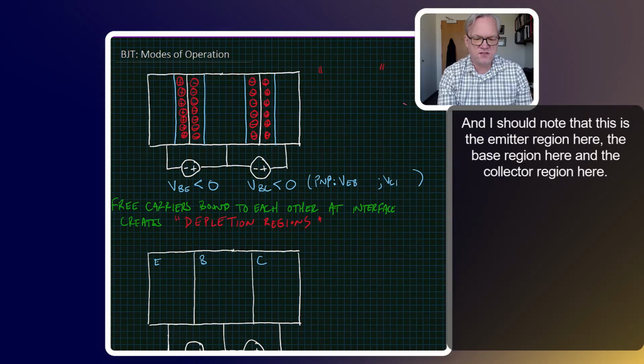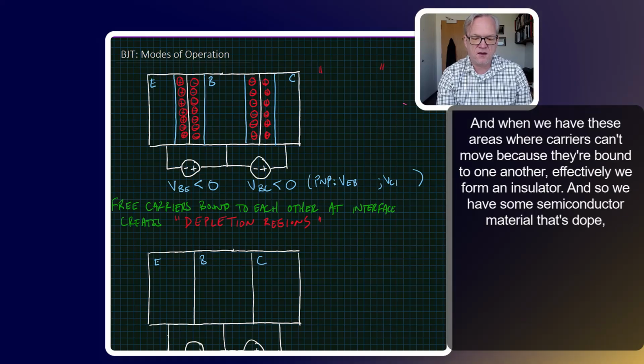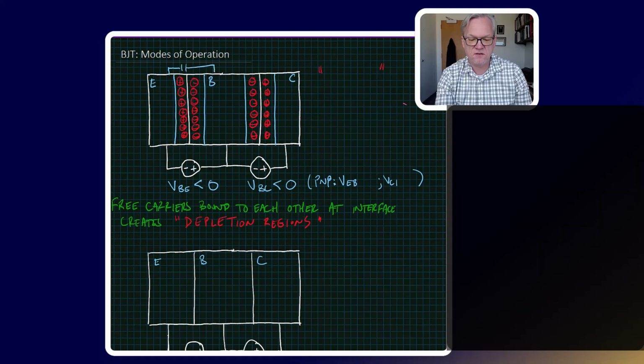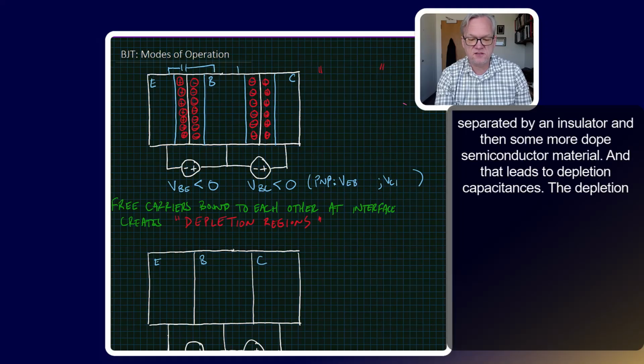I should note that this is the emitter region here, the base region here, and the collector region here. And when we have these areas where carriers can't move because they're bound to one another, effectively we form an insulator. And so we have some semiconductor material that's doped, separated by an insulator, and then some more doped semiconductor material.